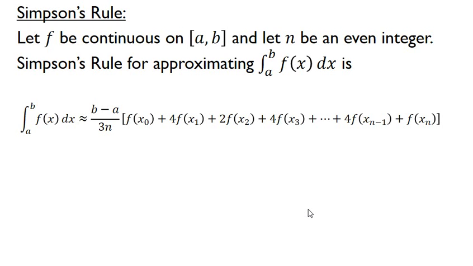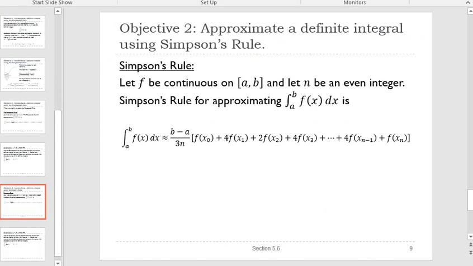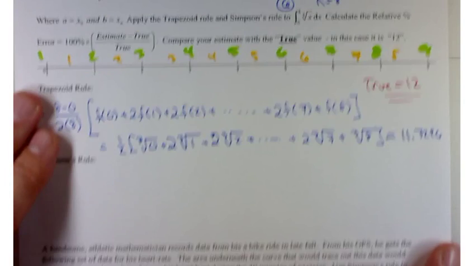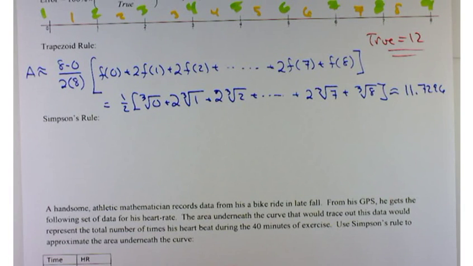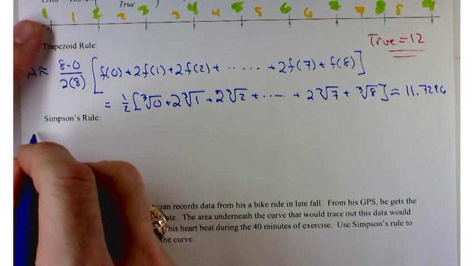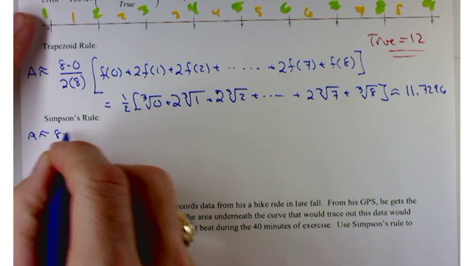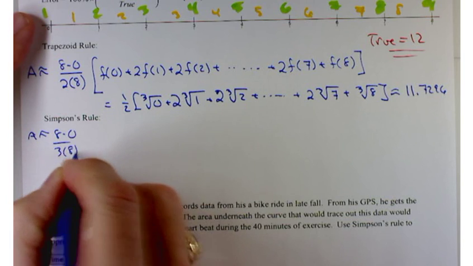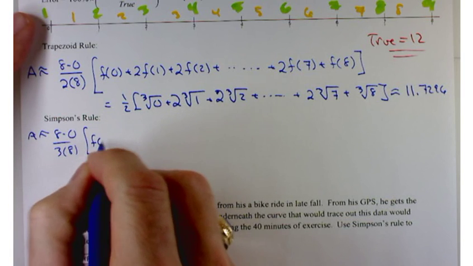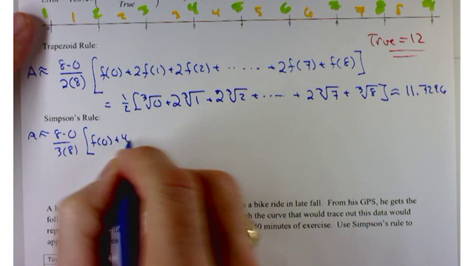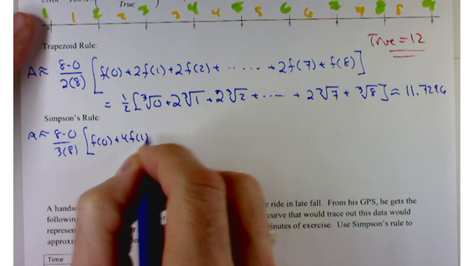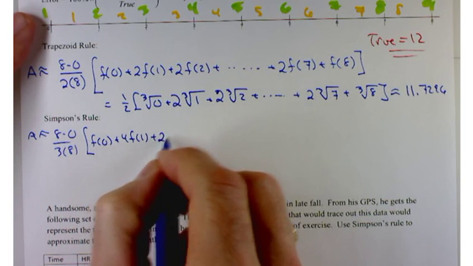This time I'm going to let you work it out. See what you get. So let me flip back here to Simpson's Rule. In this case, the area is approximately (8 minus 0) over (3 times 8) times f of 0 plus 4 times f of 1 plus 2 times f of 2.